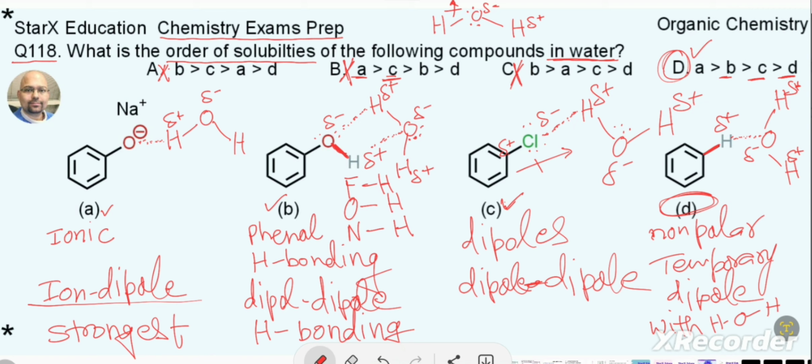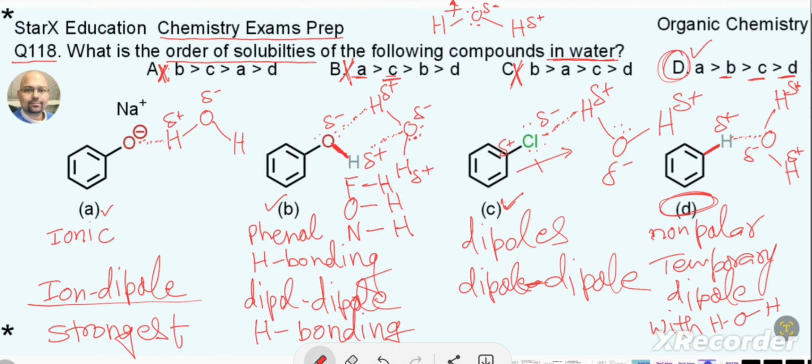Now, is there any trick that we can apply here in order to get to the correct answer? The answer is that we should know something. We can't just wild guess here. However, if you can just see that ions are more soluble in water, then you can eliminate some choices. For example, you can eliminate choice A because we know that ions are the most soluble.